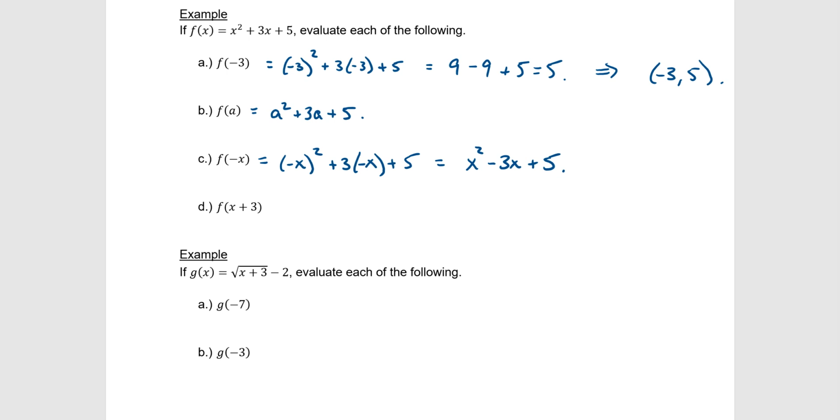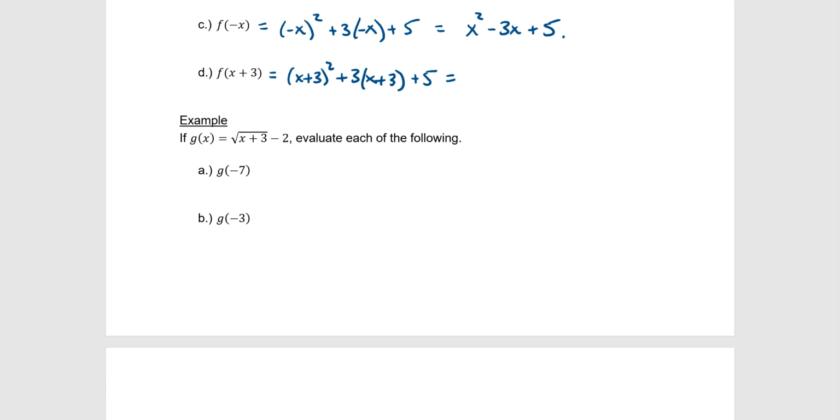And the last one, for d, f of x plus 3, a little bit harder. We have to plug in an x plus 3 everywhere there's an x in the original. And as long as you do it with parentheses, you should not mess it up. So it's x plus 3 squared plus 3 times x plus 3 plus 5, and you have to simplify it. x plus 3 squared, remember you have to FOIL that out. You can use the shortcut.